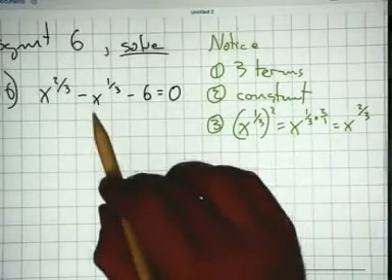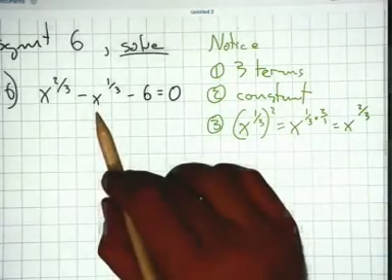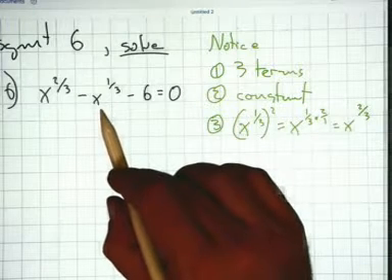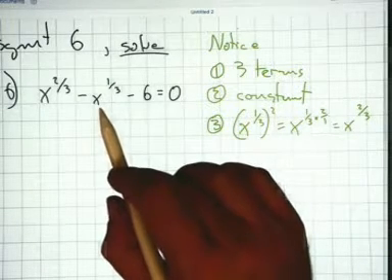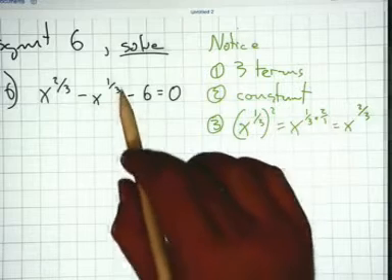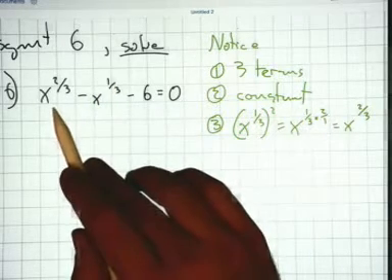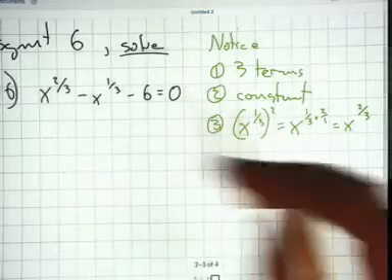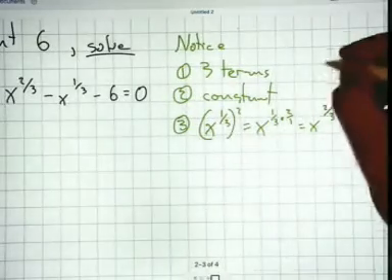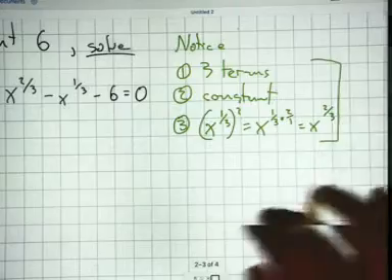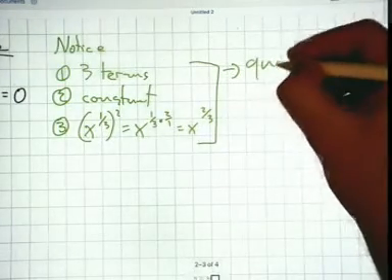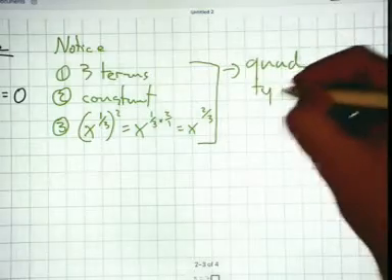So if you take the variable of the middle term and its exponent, and if you square this, you get the variable and its exponent of the first term. All of these are clues that lead us to the conclusion that this is a quadratic type equation.